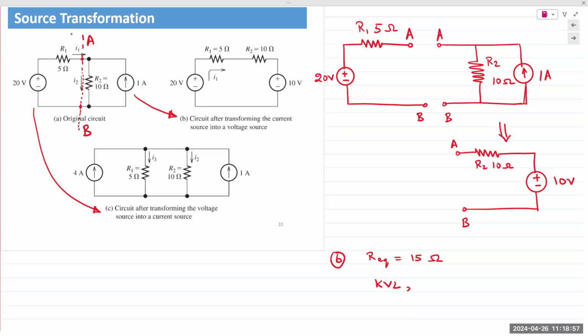You got 10 volts across 15 ohms, you apply Ohm's law, you can find the current that is flowing through that 15 ohm resistor.